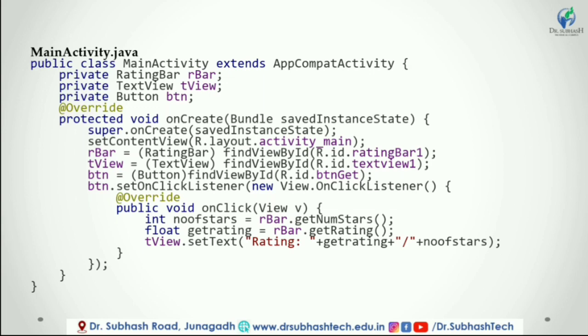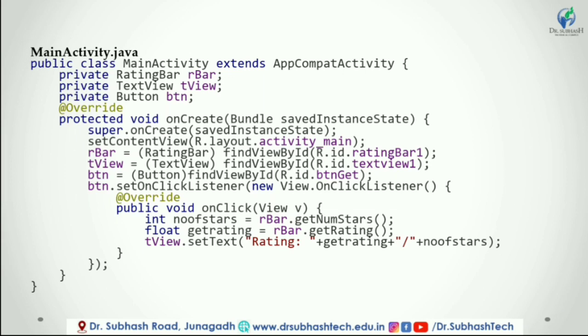Here our XML file name is activity_main.xml. So we used the file name activity_main, and we are trying to get the number of stars in rating bar and the selected rating value from rating bar control. Generally, during the launch of our activity, onCreate callback method will be called by Android framework to get the required layout for an activity.